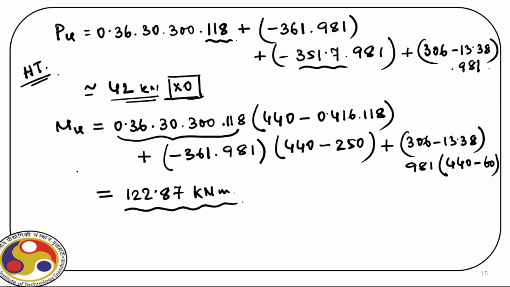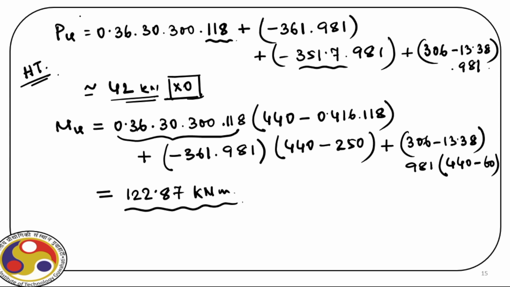Now again I repeat, this is not the converged value because we are yet to complete the iteration. That exercise you complete, but again at the end of converged XU value, you can easily find out the PU and MU using the expression that we have already derived, right?